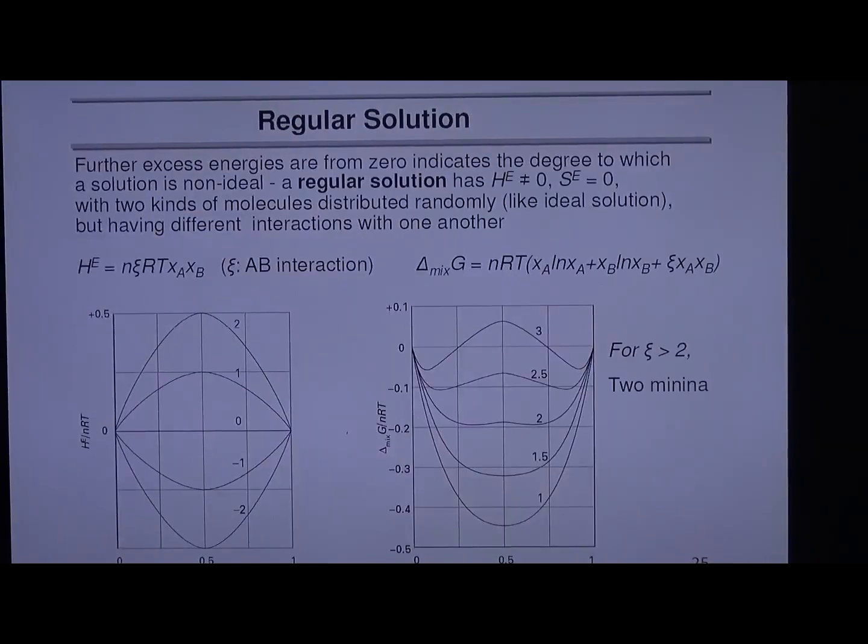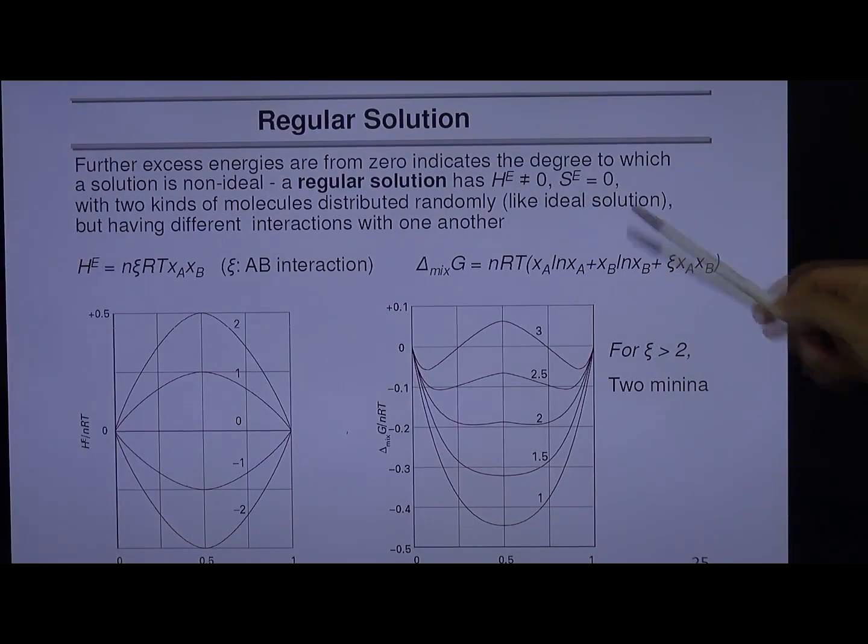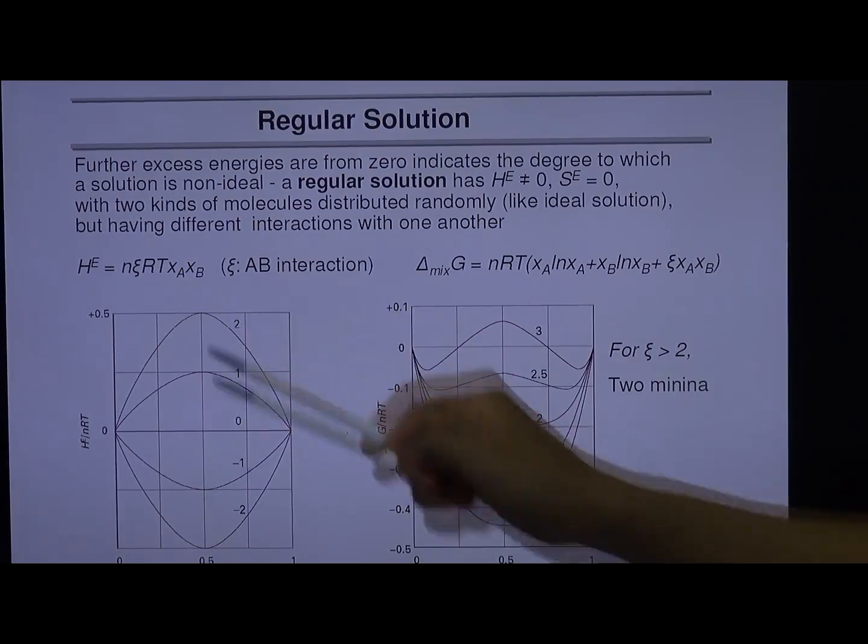Sorry about that. So, a regular solution is a model system to describe the behavior of real solution. To express this concept, basically the definition of a regular solution, where excess enthalpy is non-zero and excess entropy is zero. Excess enthalpy is defined as this.